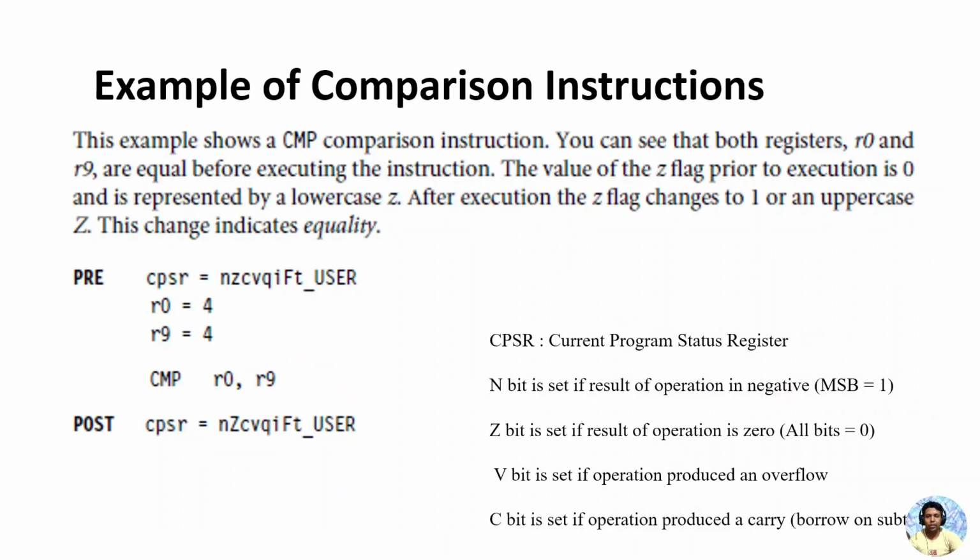Now let's see an example of a comparison instruction. This example shows a CMP comparison instruction. In the pre, CPSR equals so on. Here you can see both registers R0 and R9 are equal before executing the instruction. The value of the z flag prior to execution is 0 and is represented by a lowercase z.